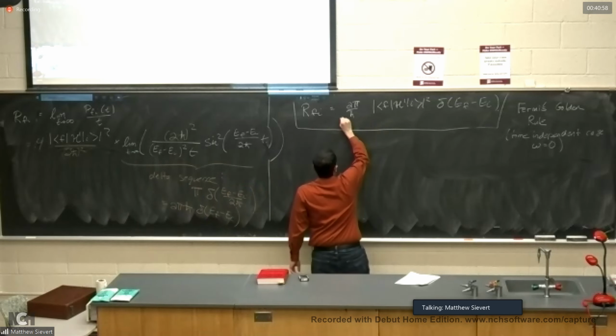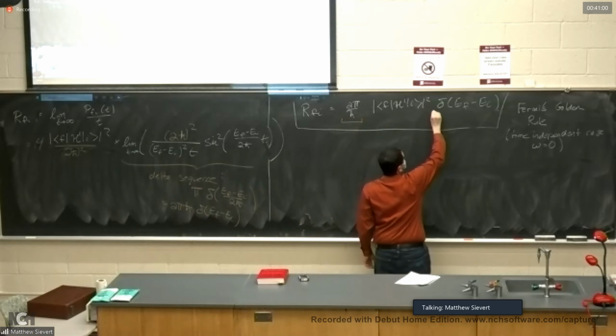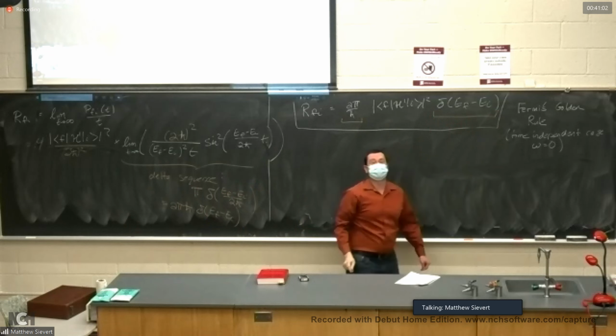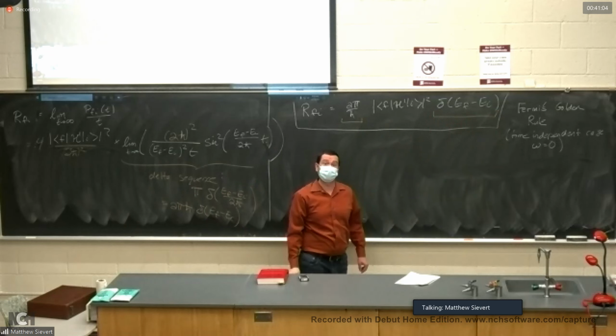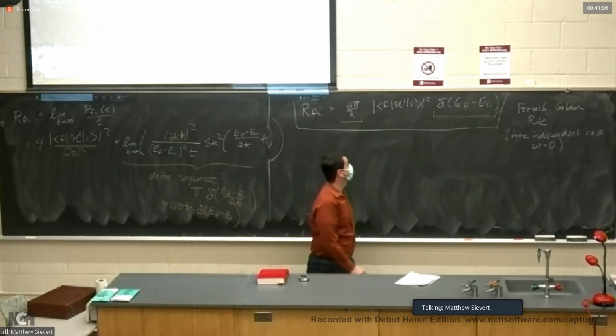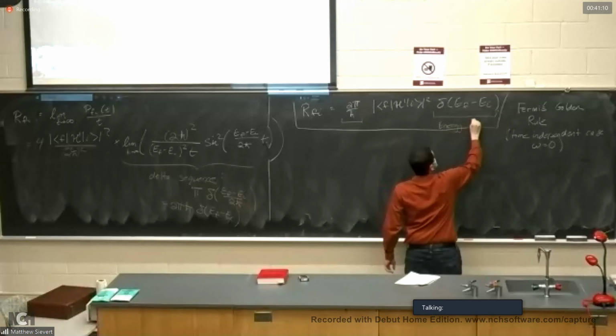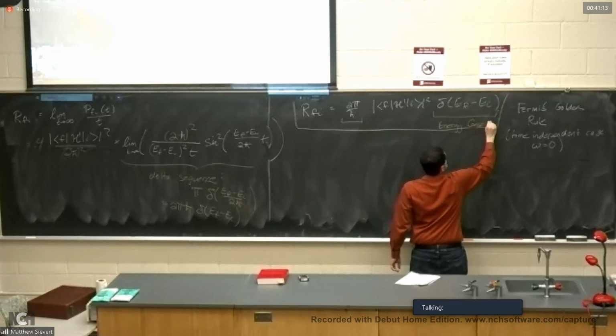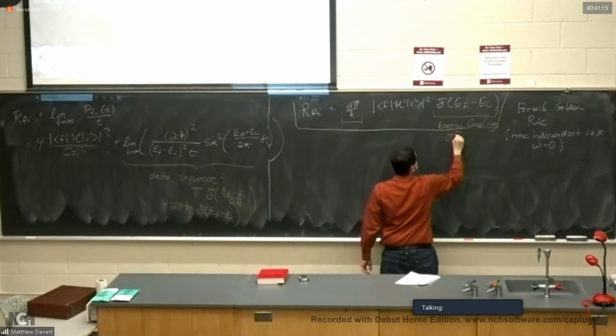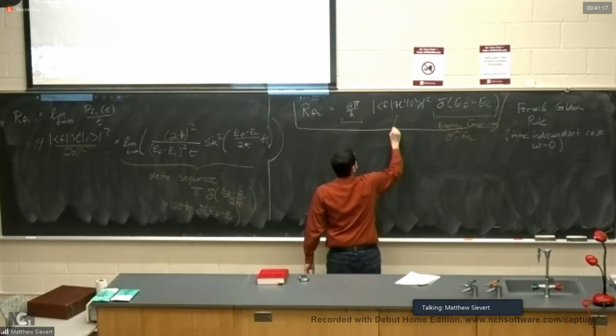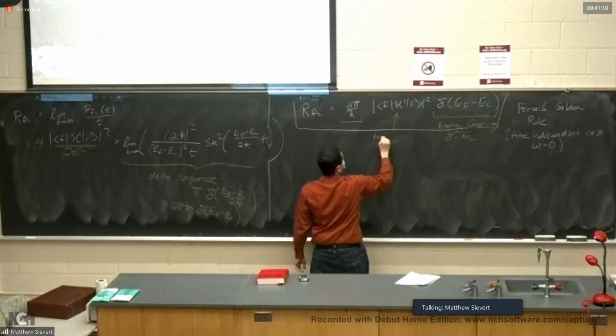So this overall factor of 2π over ℏ, you can kind of think of being associated with the delta function. Delta functions often come with factors of 2π from Fourier transforms. This is my energy conserving delta function. And then this is my transition matrix element.